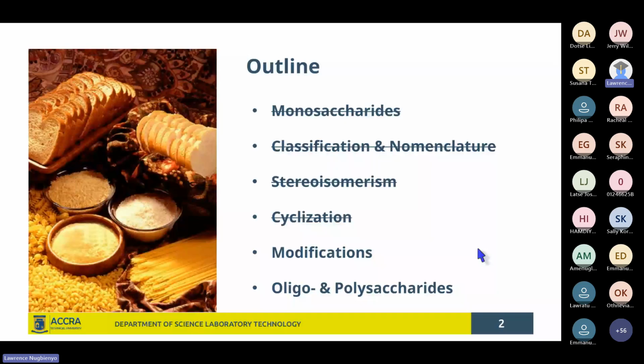You'll be meeting some of these modifications. Some of them, you see them in the metabolism of carbohydrates. Some of them, you see them in the structure of some components in some other organisms like bacteria, fungi.